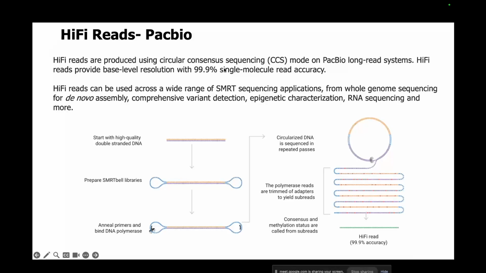What you use is a circular consensus sequencing mode used by these PacBio long read systems, and what you make are known as hi-fi reads. This is a proprietary name used by PacBio. It does not mean anything per se; it's just how they make these circularized reads, and they have named them hi-fi reads. It's nothing more than that.